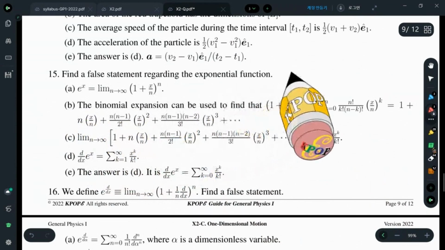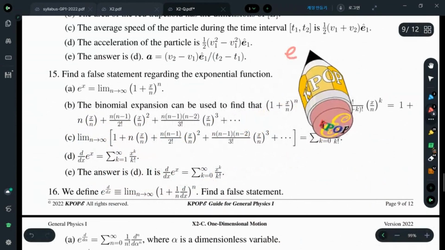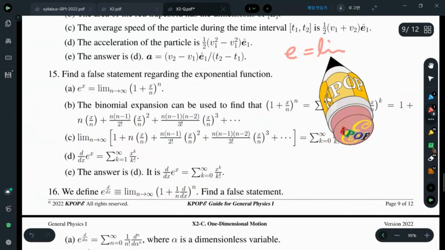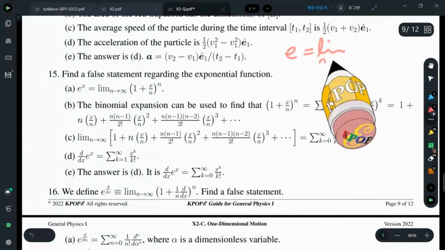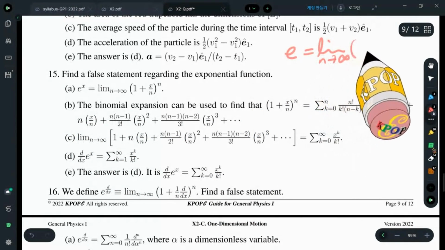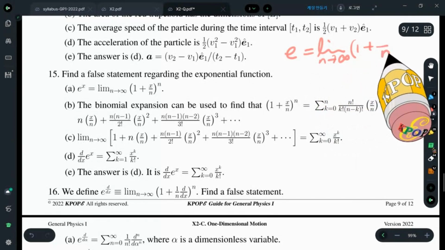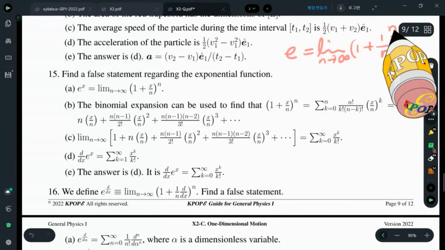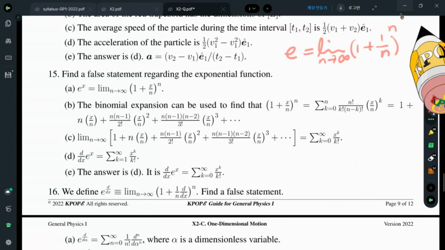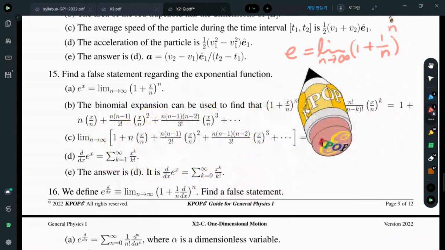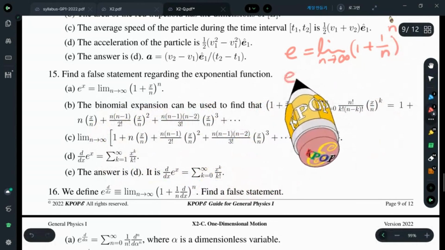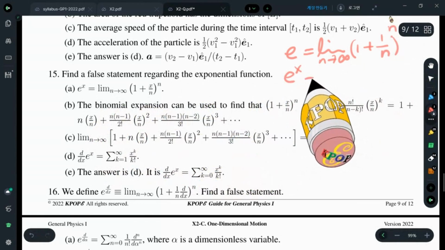This derives from the definition of exponential, Euler's definition. So you need to reproduce this one. Why don't we put an X on it?